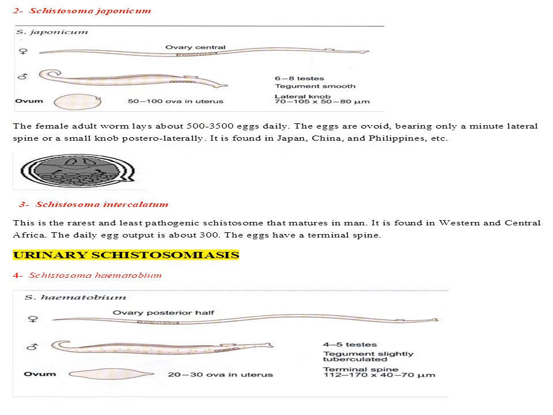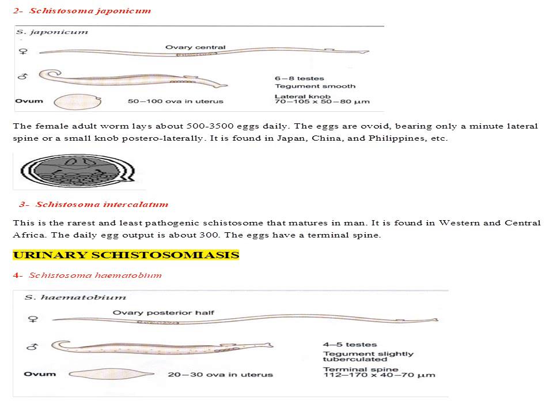The number of testes is 6 to 8. The tegument of the male is smooth, not like the preceding species, and there is a lateral knob-like spine, not large, situated laterally, as shown beneath in this figure.